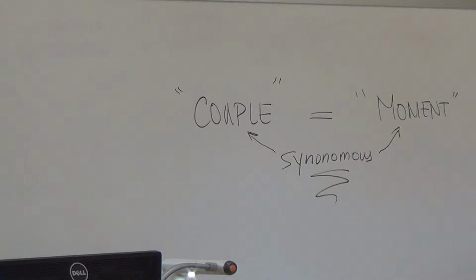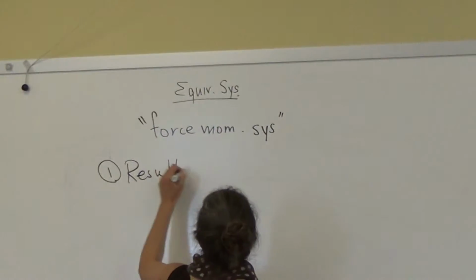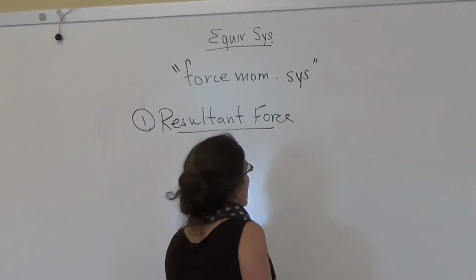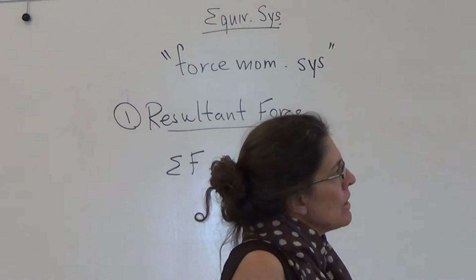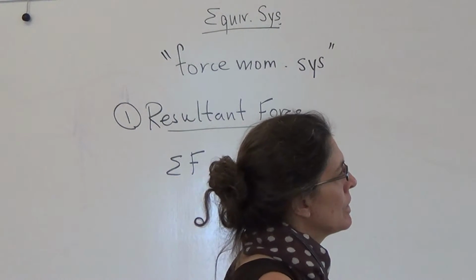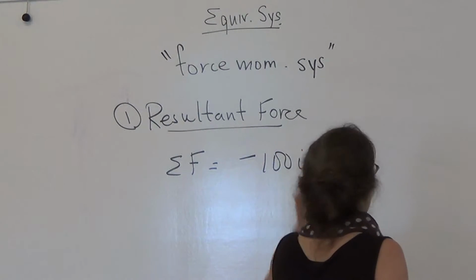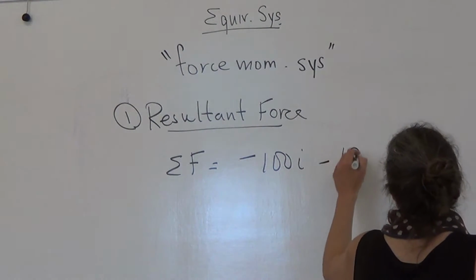So Lonnie, what's the first step? Try to find the resultant force. Okay, so the sum of the forces is negative 100 i minus 100 j.